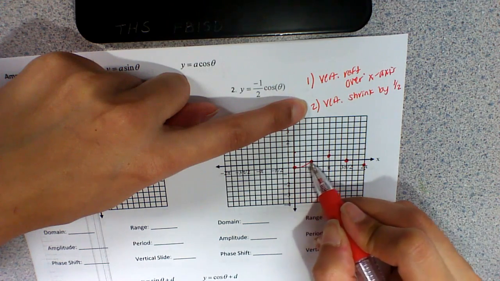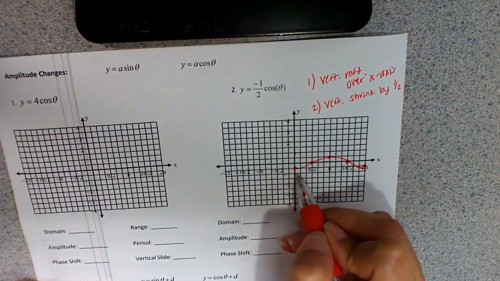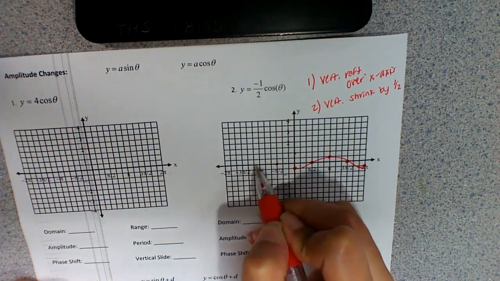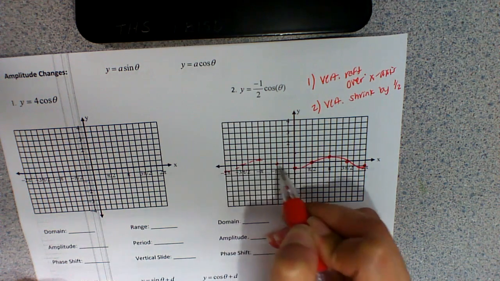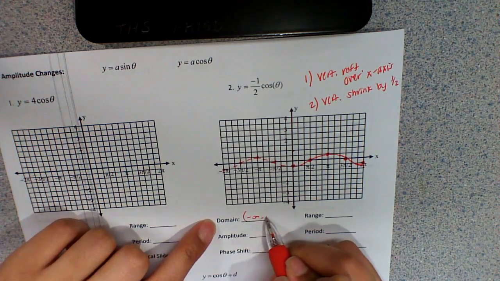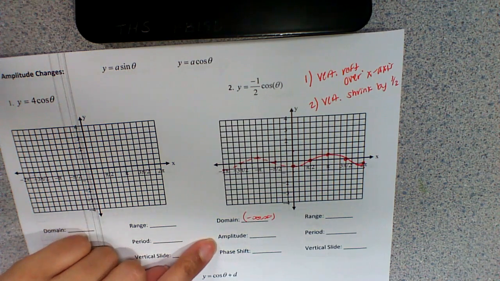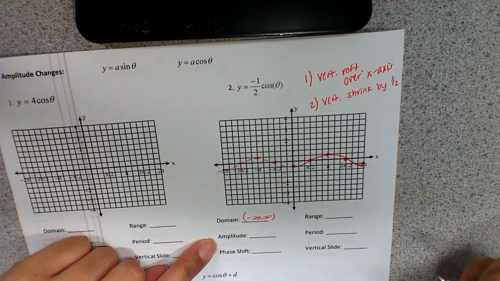So if I carefully go ahead and connect those dots, there's a graph that I should have, and it does continue very similarly on the left side. Just like that. So again, my domain is all real numbers. My amplitude, remember, is the distance. Now, distance can never be negative.